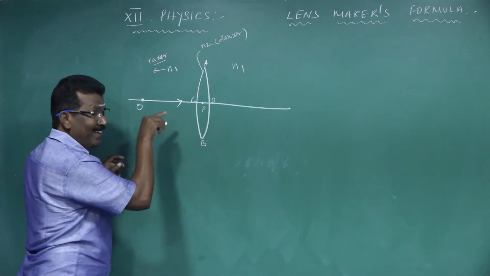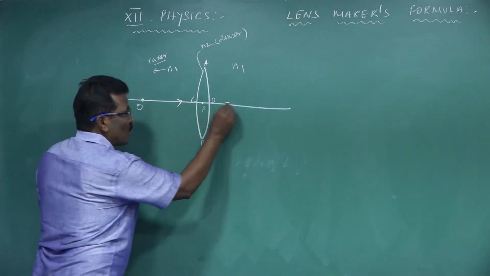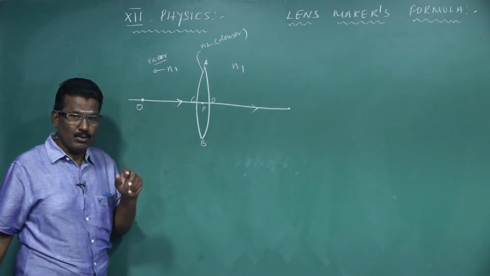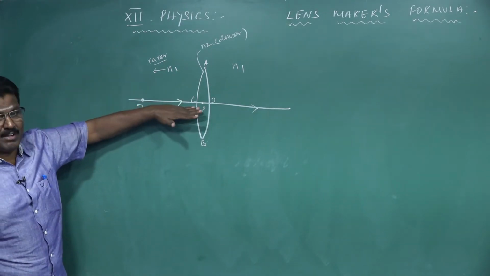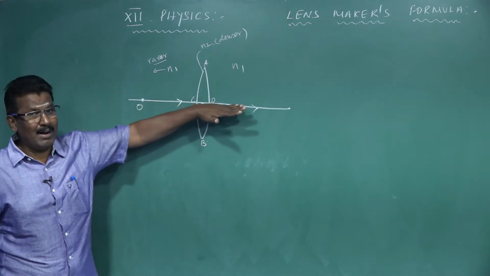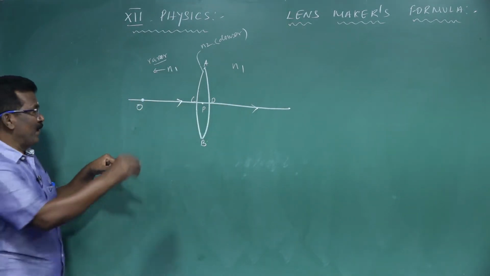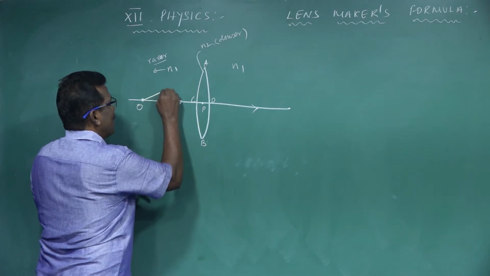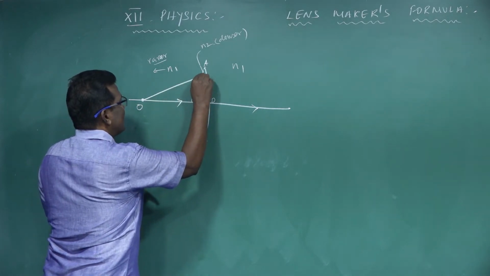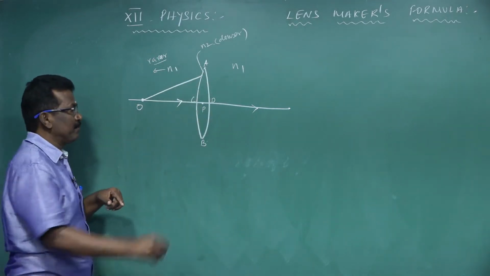After incidence, it does not deviate and passes straight through. So the ray moving along the principal axis does not deviate. Another ray from source O is incident on one of the surfaces of the lens at this point.